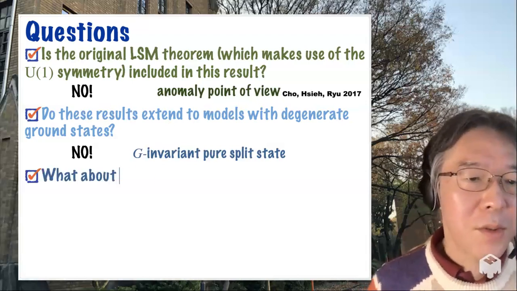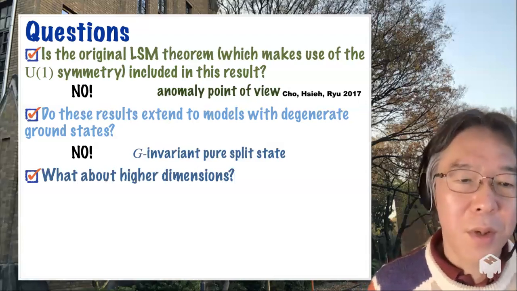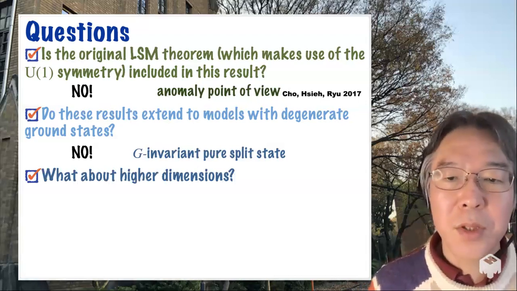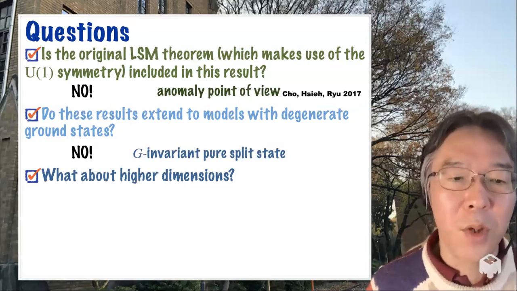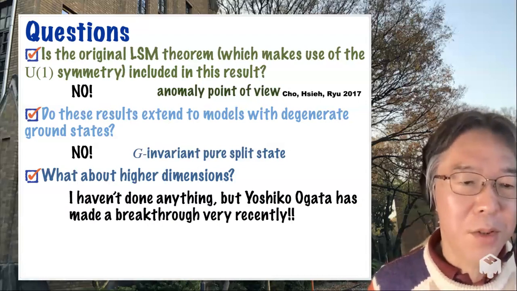Any other questions? What about higher dimensions? Well, the same answer. We need a pure split state, but this notion is useful only in one dimension. So that was the older answer, but now the situation is different.